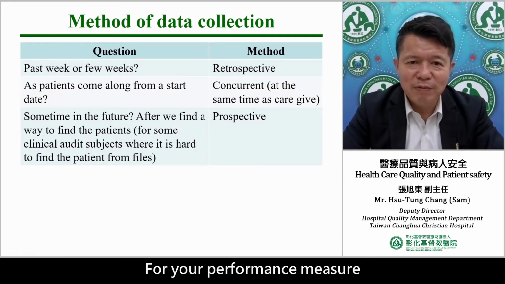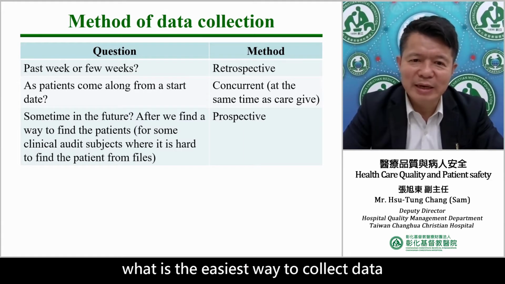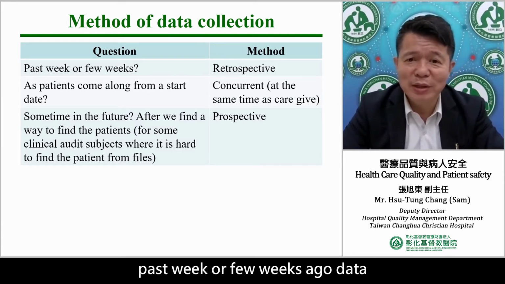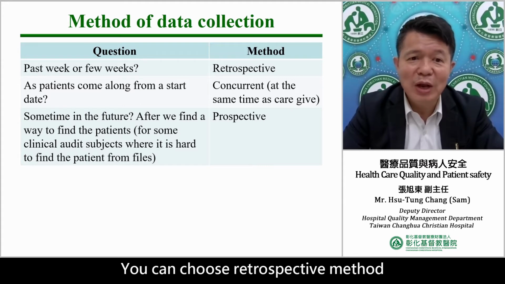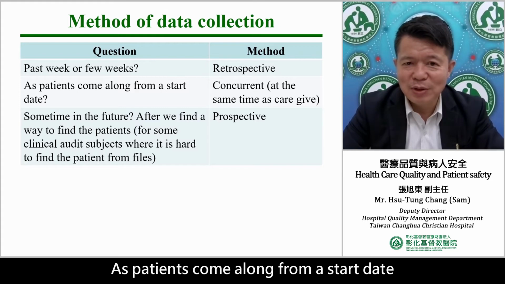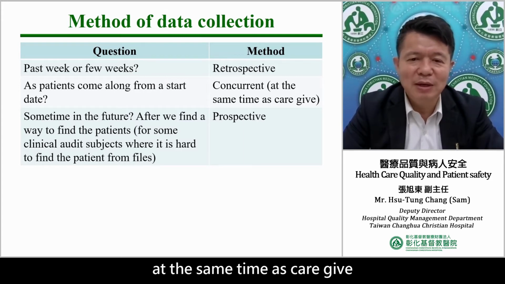For your performance measure, what is the easiest way to collect data? If you are concerned with data from a week or a few weeks ago, you can choose the retrospective method. As patients come along from the start date, you can choose the concurrent method, at the same time as the caregiver.